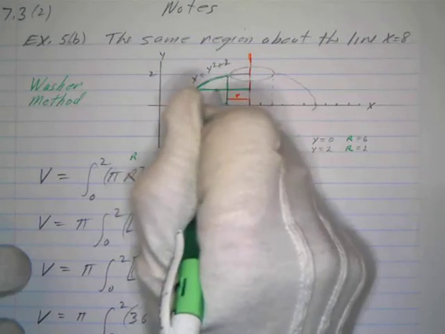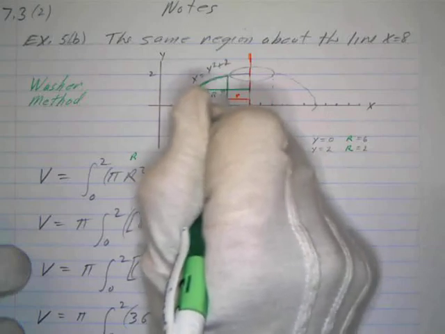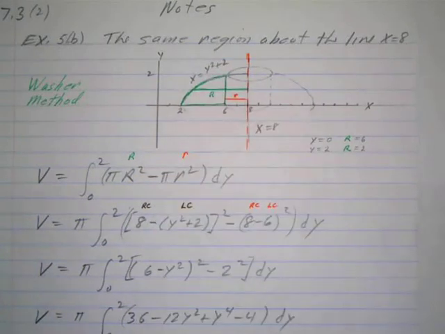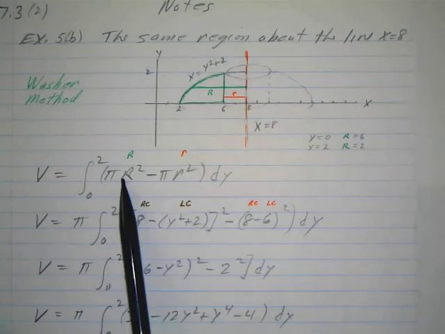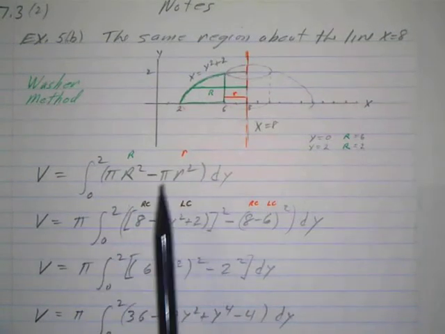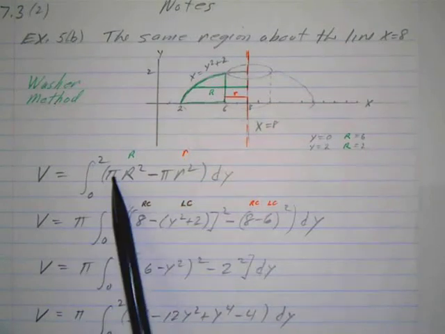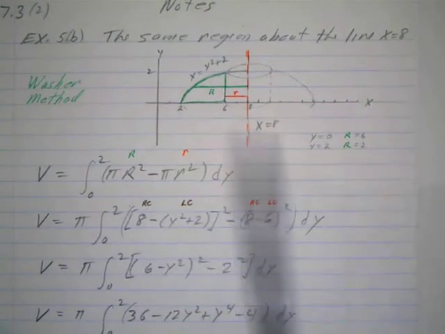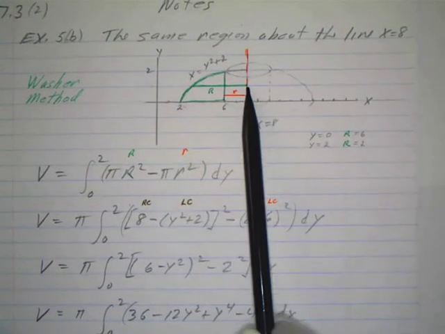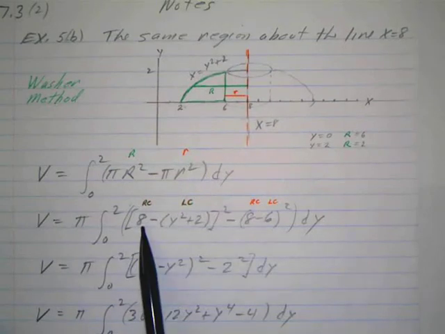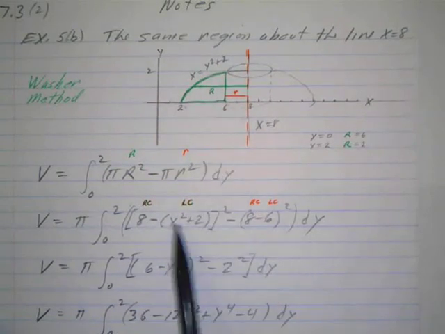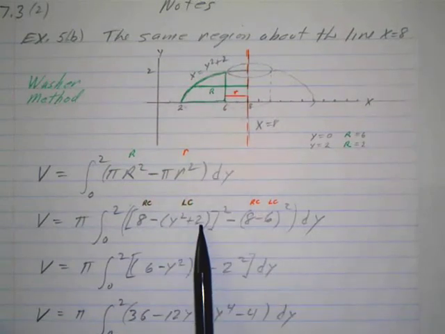I have that over here. So this is my washer technique, and I can factor out the pi. I've got big R minus little r. The big R would be the right curve, 8, minus the left curve, y squared plus 2, and that's all in terms of y.